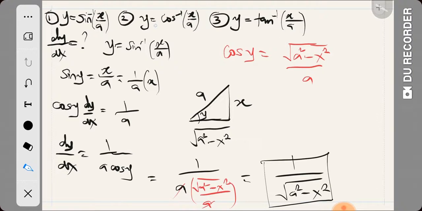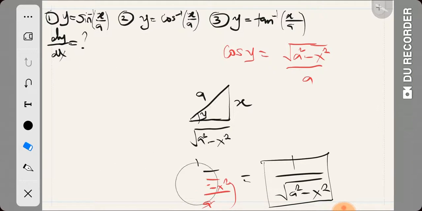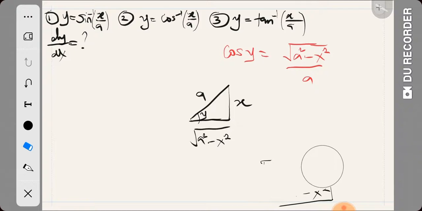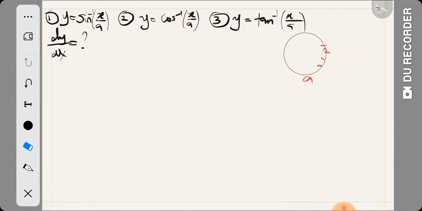Let's now use the same method to differentiate the next one.